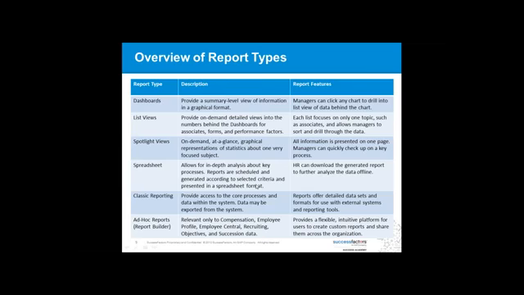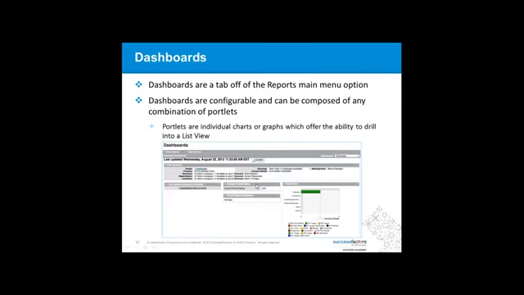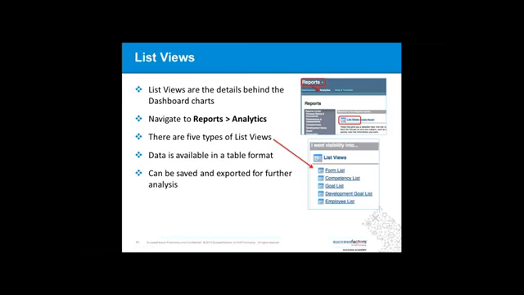Coming to dashboards, dashboards are configurable reports that are a combination of portlets, involving charts and graphs, and you can drill down and view the data behind them as well. The list view reports are available under Reports, Analytics.